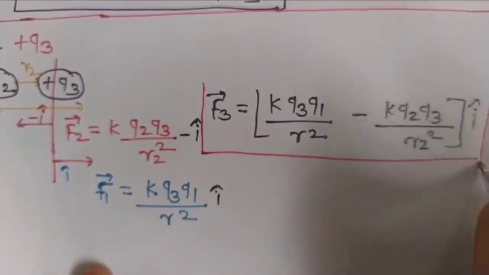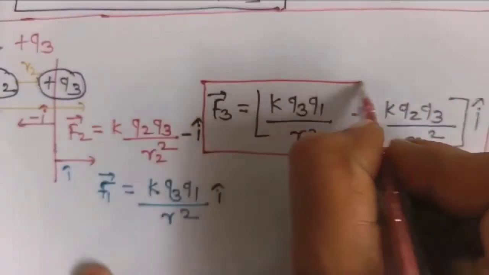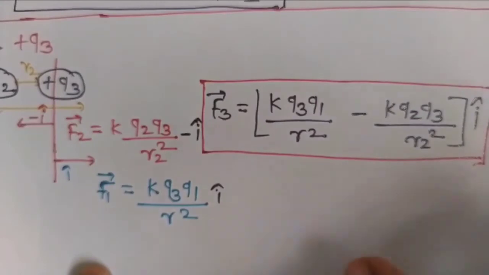So F3 is equal to K Q3 Q1 upon R square minus K Q2 Q3 upon R2 square I cap.